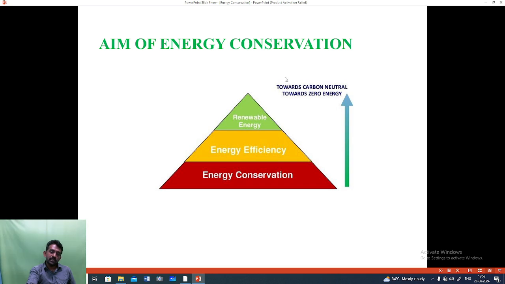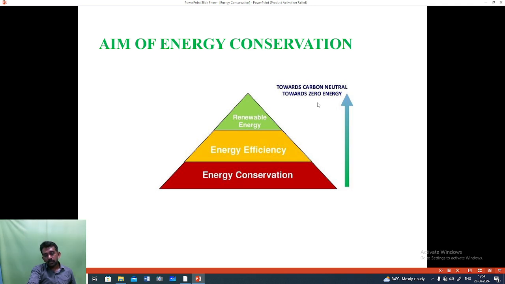And what is the aim of energy conservation? Let's keep things very simple. The ultimate aim is moving towards carbon neutral or zero energy. Carbon neutral, in the sense that in the present day, most energy extraction technologies are combustion technologies, that is, burning the fuel and extracting energy, and the byproducts are unburned hydrocarbons or carbon dioxide emissions. Both byproducts have carbon.